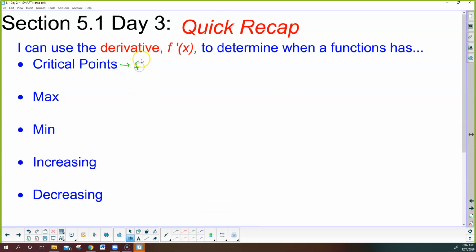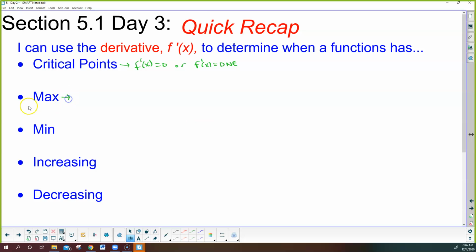There we go. So if I ask you to justify, all you have to do is, how do we know critical points exist? You tell me that the derivative is equal to 0 or the derivative does not exist. That's all you need to write in terms of a justification. You don't have to write long sentences, and we actually encourage you not to, right? Shorter is better.